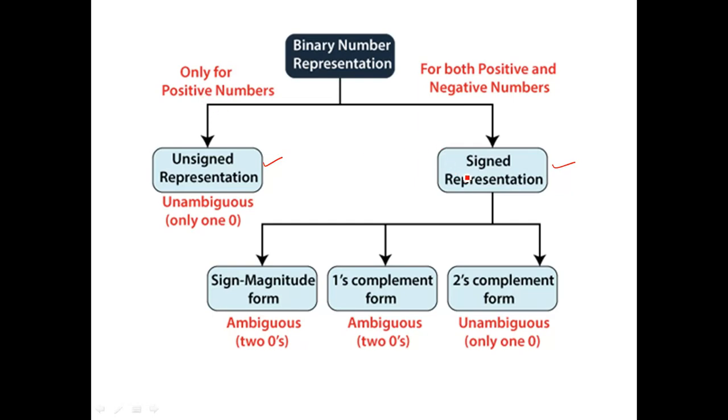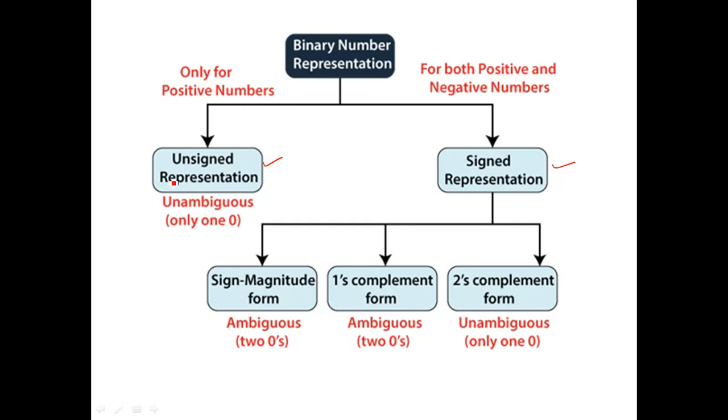Signed representation can be for both positive and negative numbers. Signed representation is further divided into sign magnitude form, 1's complement form, and 2's complement form. So let us discuss these signed and unsigned representations of binary numbers.